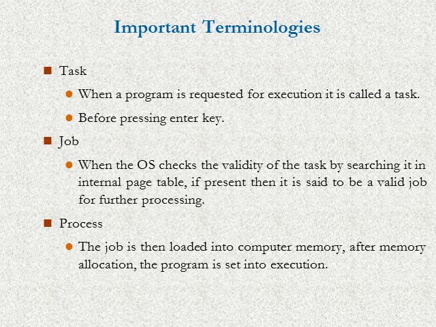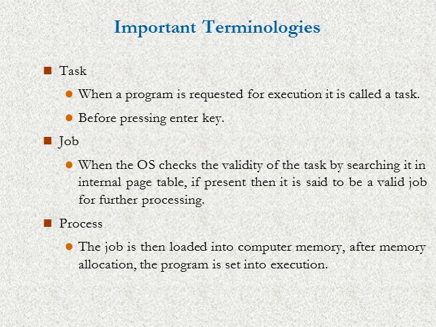So when it is just installed, it is just a task. When we submit it to the operating system, and the operating system validates its working or validates its legitimacy, at that moment it is a job. And once the operating system confirms that this can be executed, it becomes a process.